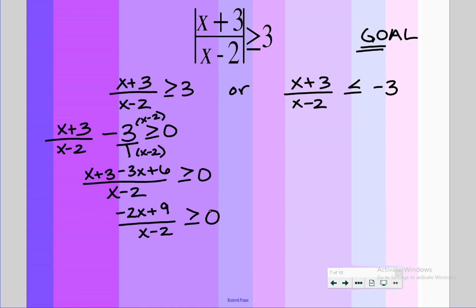Okay, yesterday we factored if we needed to. We do not have to factor here because the numerator and denominator are already linear. So you can just set the numerator and denominator equal to 0 to find our breaking points. If I set my numerator equal to 0, I'm going to get x is what? I would have to subtract 9, divide by negative 2. What's that going to give me?